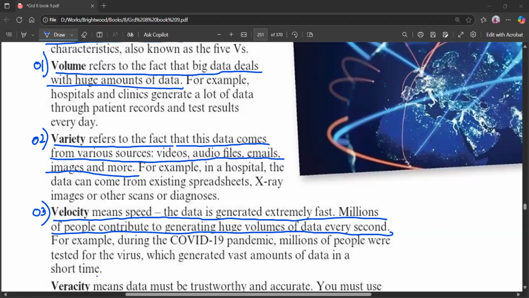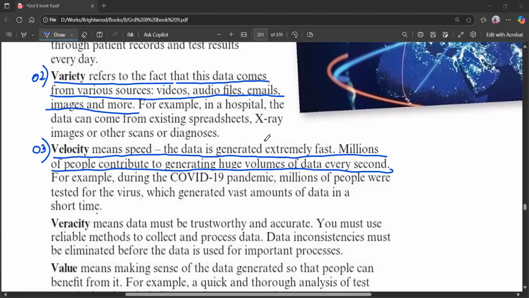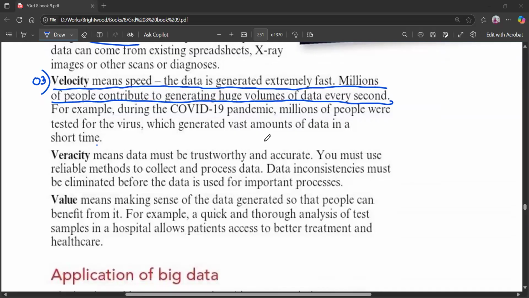So they have these characteristics: volume, variety, velocity. I think you already wrote these things. And next, veracity. Veracity means the data should be trustworthy and accurate. You must use a reliable method to collect and process data.